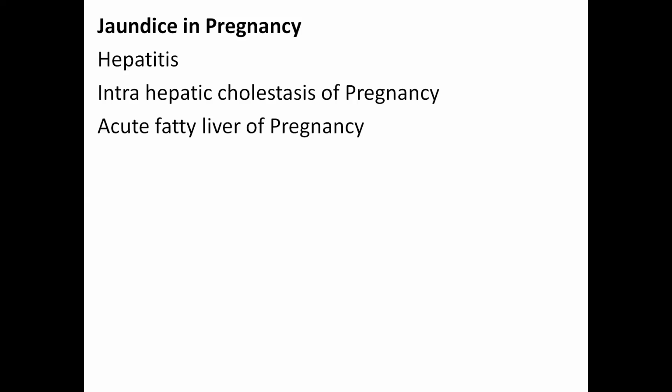Then ultrasound is needed to rule out stones in the biliary tract, because stones in the biliary tract can present with similar features. Another investigation is bile acids, which are increased many-fold, 30 to 100-fold, and these are responsible for the itching.